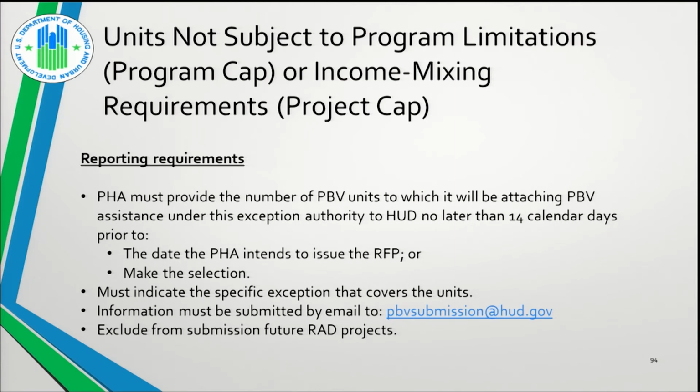The specific exception that covers the units must be indicated. The information is submitted to pbvsubmission@hud.gov. PHAs are not required to report future RAD projects for which it will be attaching PBV assistance or future HUD-VASH awarded vouchers specifically designated by HUD for project-based assistance.